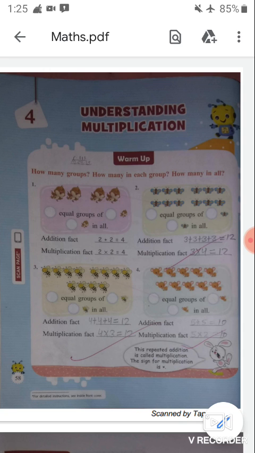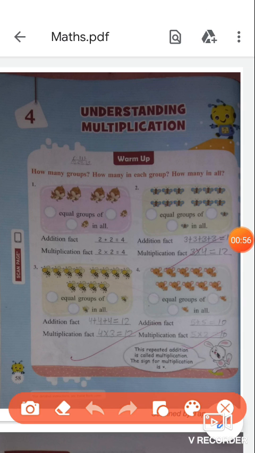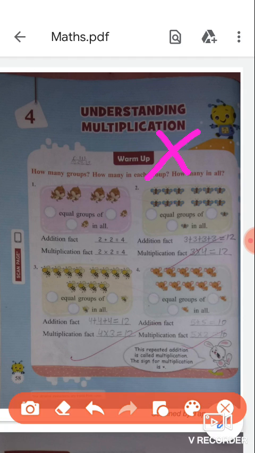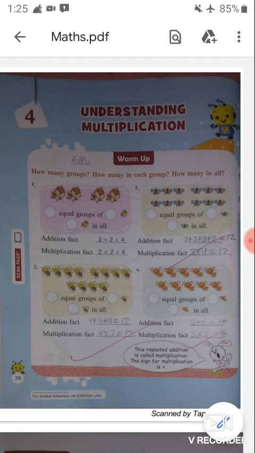First of all, do you understand multiplication? Students, repeated addition is called multiplication, and the sign of multiplication is like this. So students, let's begin the chapter.